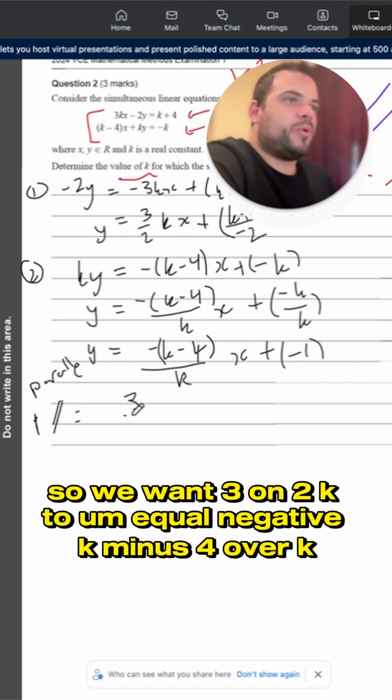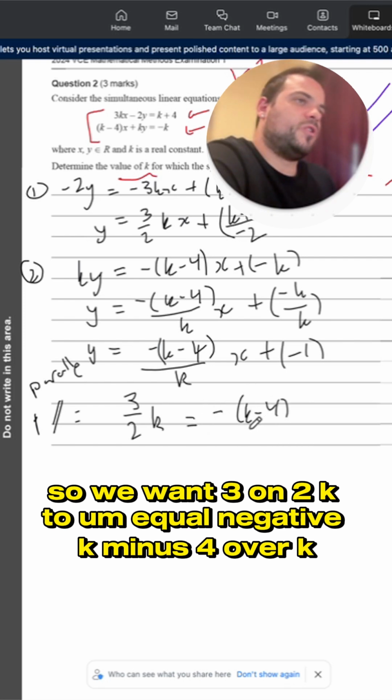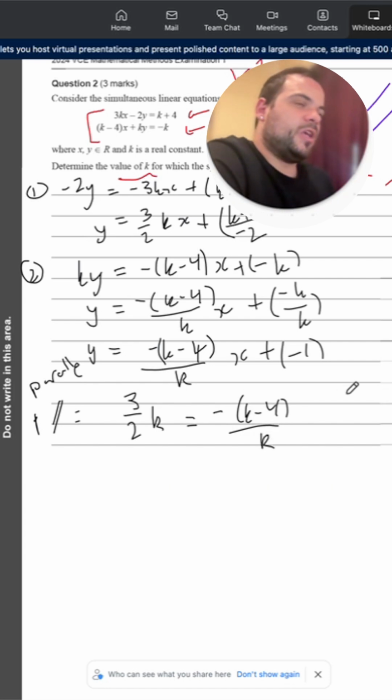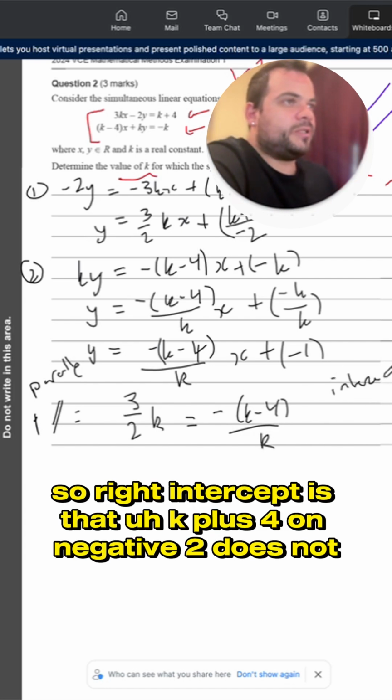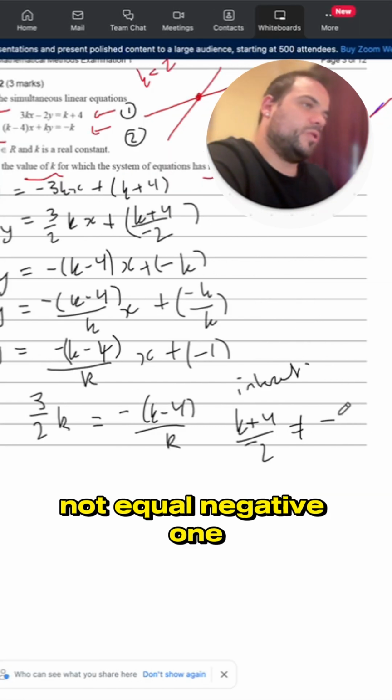So we want 3 on 2k to equal negative (k minus 4) over k. And our intercept condition is that (k plus 4) on negative 2 does not equal negative 1.